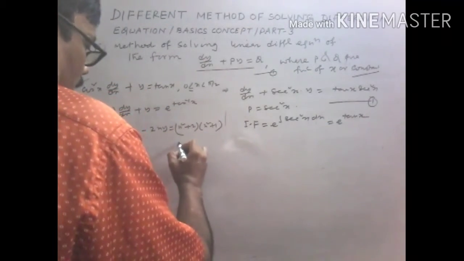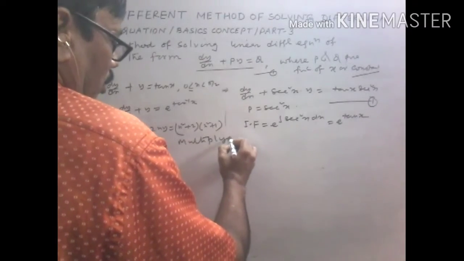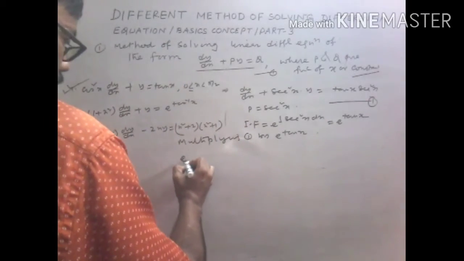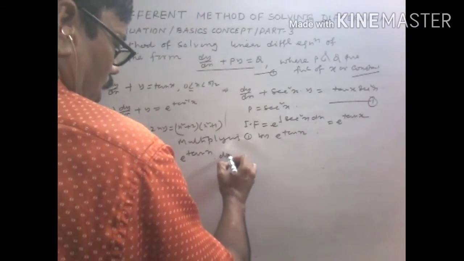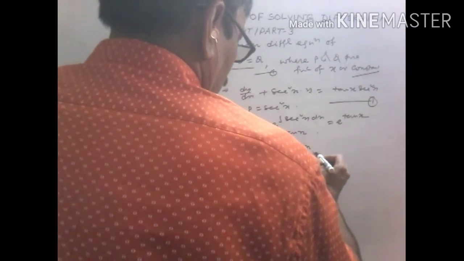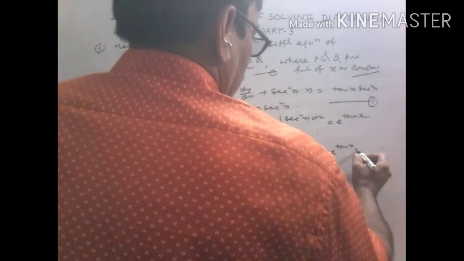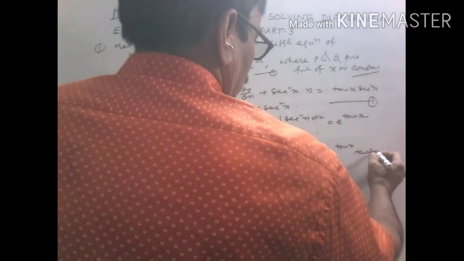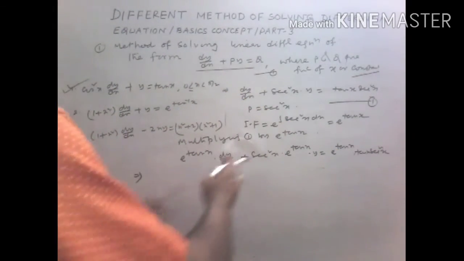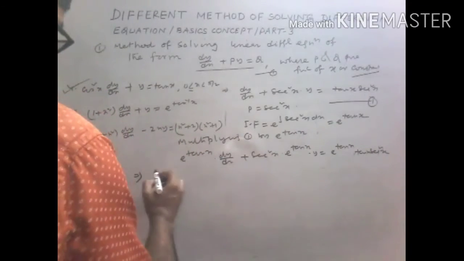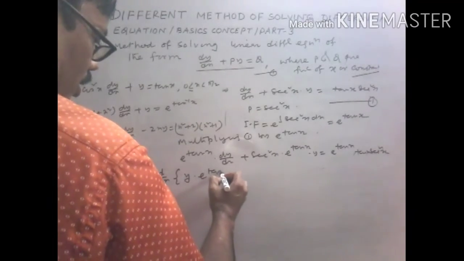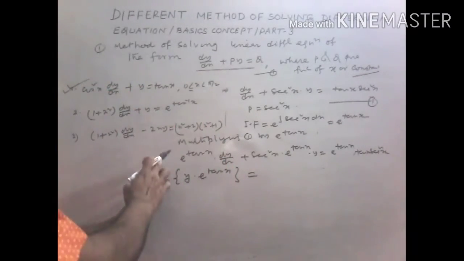So multiplying 1 by e to the power tan x, we get e to the power tan x into dy/dx plus sec square x into e to the power tan x into y equals e to the power tan x into tan x sec square x. Now look, if we multiply by the integrating factor e to the power tan x, the left hand side can always be expressed in the form d/dx of y into the integrating factor.